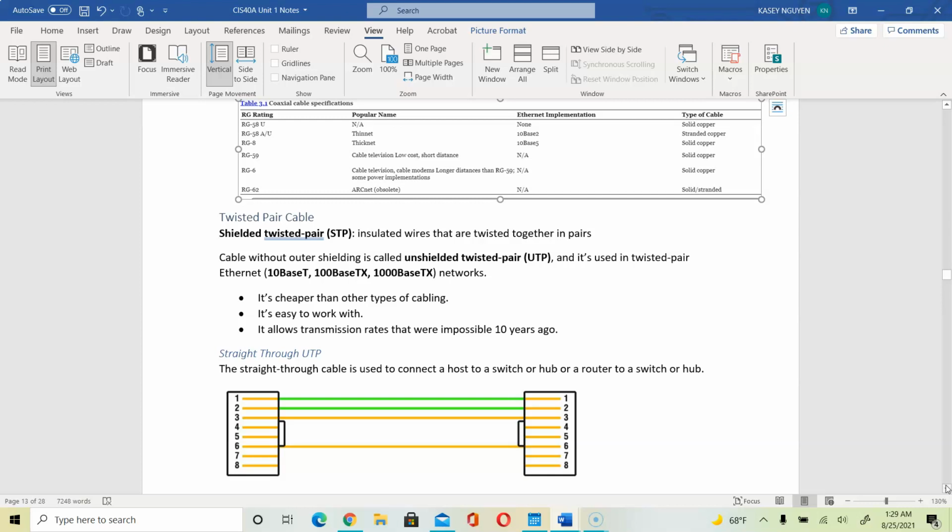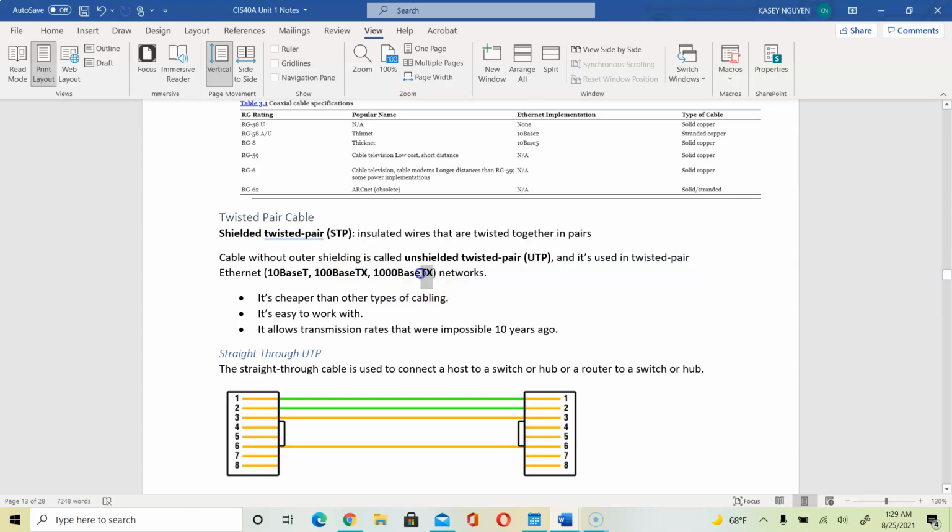And the unshielded twisted pair, this is your common Ethernet cable. So when you remove the jacket, you will not see a foil wrapping. So that will be a UTP. And this is used in 10 base T, 100 base TX, and 1000 base TX. So whenever you see the value in the front here, 10, 100, and 1000, that pertains to the speed, and T or TX stands for twisted pair.